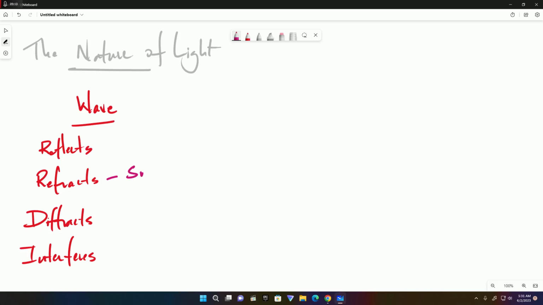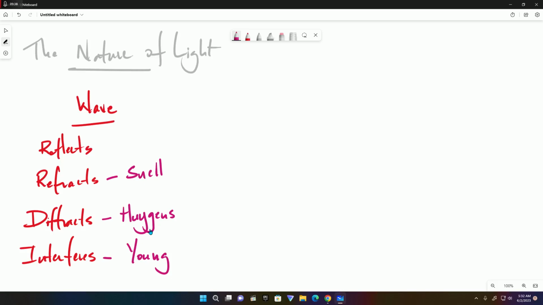This was Snell. This diffraction, there was a Dutch fella, I will not pronounce his name, but he did some incredible work on diffraction. And then, of course, we have Mr. Young. These were the people whose work helped prove these things.